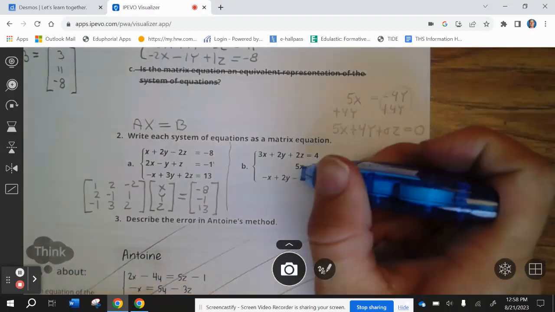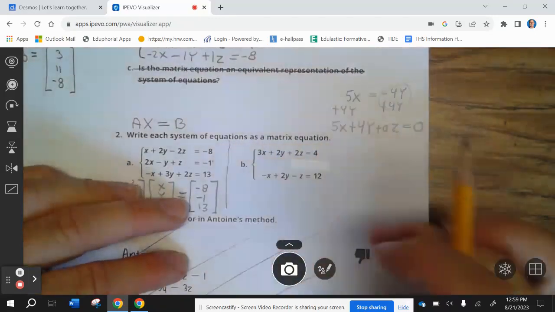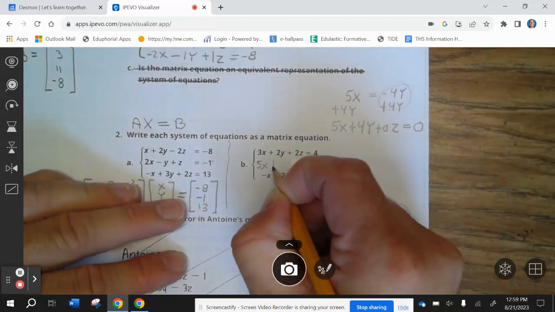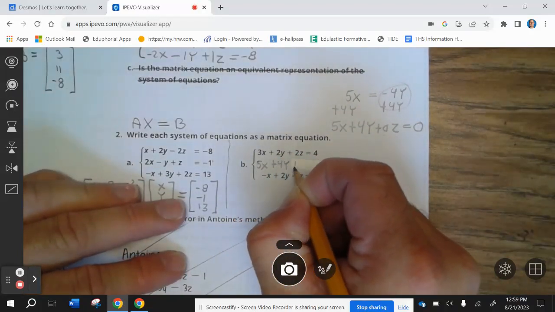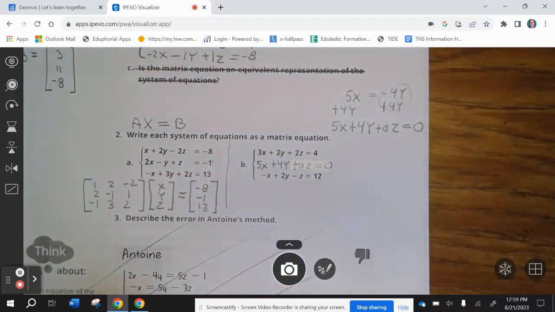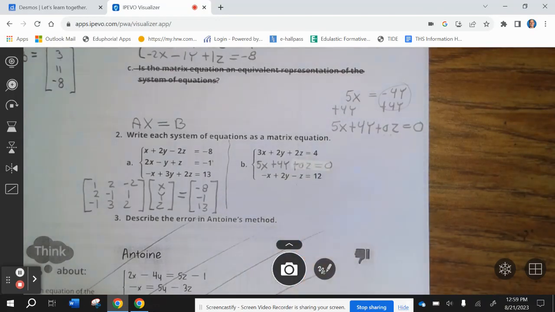So now we can include that here. So 5x plus 4y plus 0z equals 0. And the reason why we added the 0z is because we need a z in there.